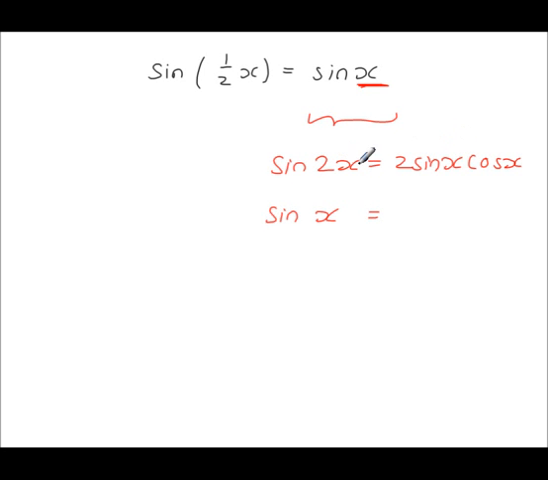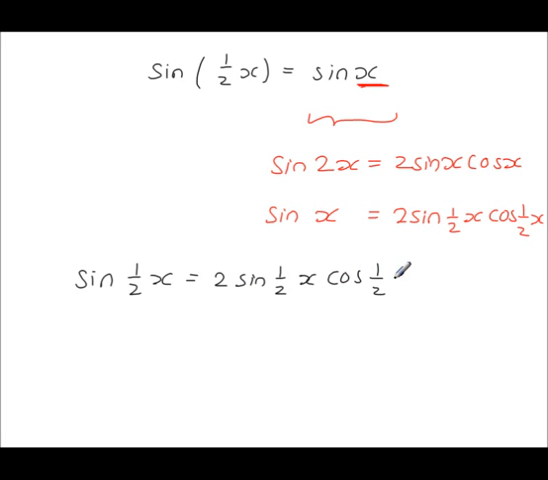So if I'm going from the left here to the right, it will be 2 sine half x cos a half x. So I'm going to use this to replace that term. So now I have sine a half x is equal to 2 sine half x cos a half x.